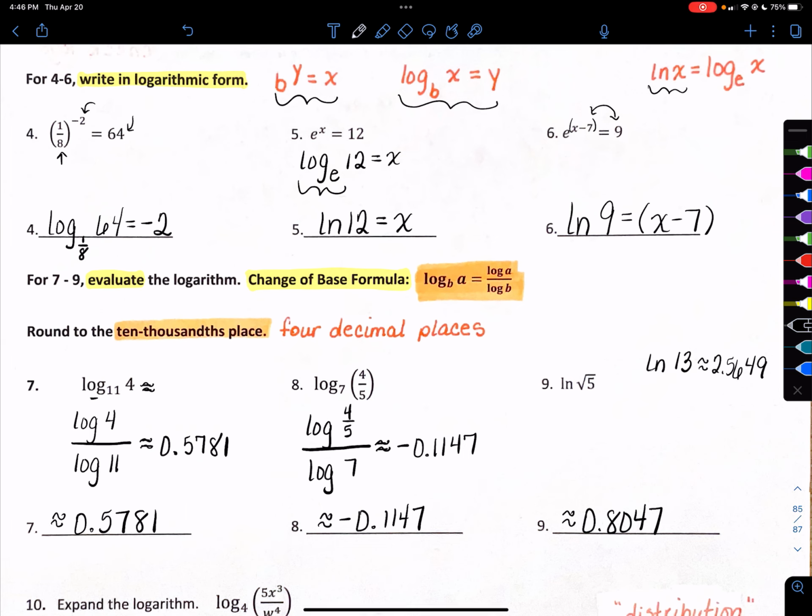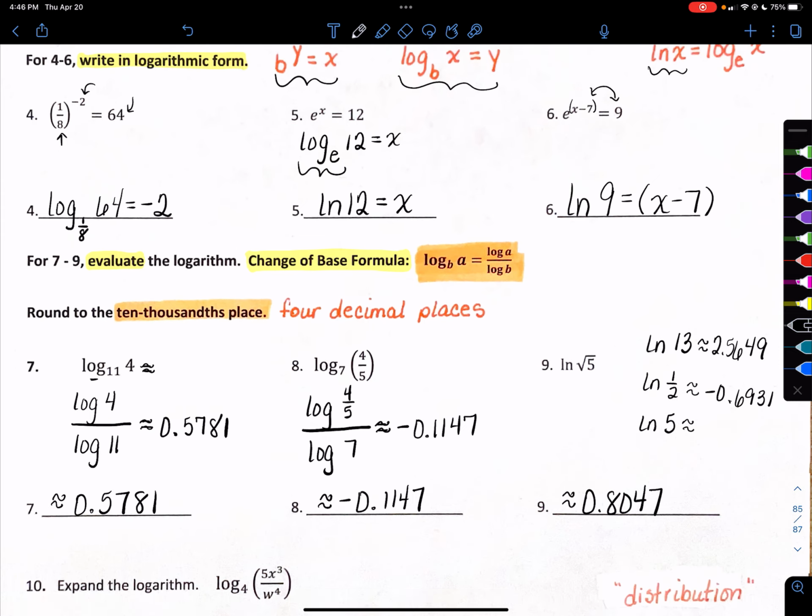Okay. What if I had the natural log of 1/2? Well, then in the calculator, I would do 1 divided by 2 ln, and I'd get negative 0.6931. What if I had ln of just 5? Okay, you would type in 5 and ln, and it'll give you that value.